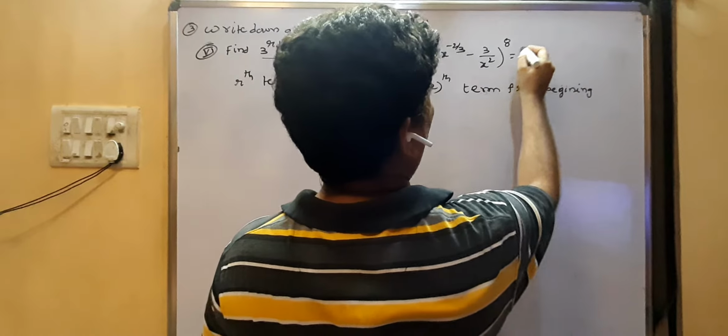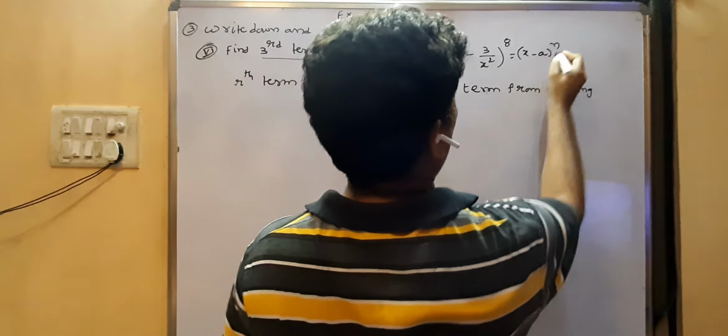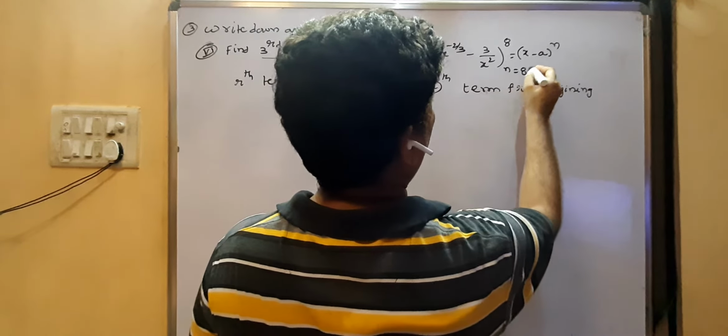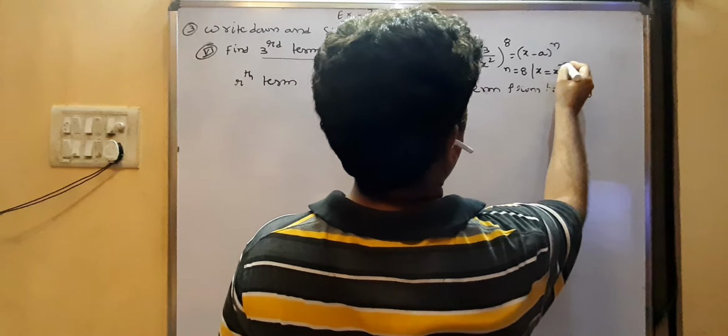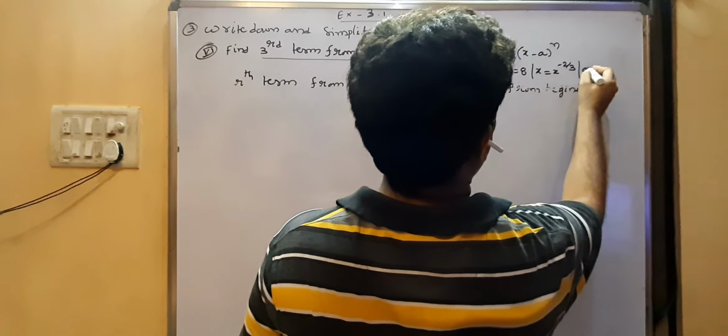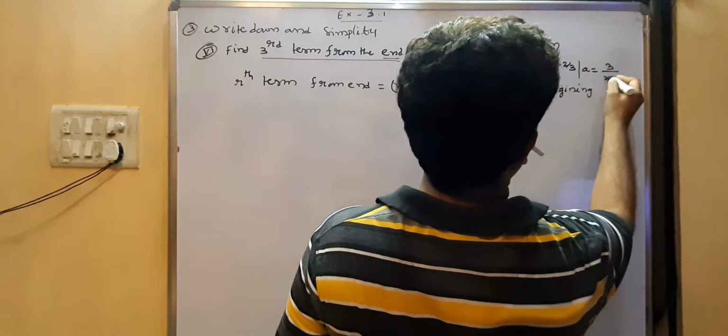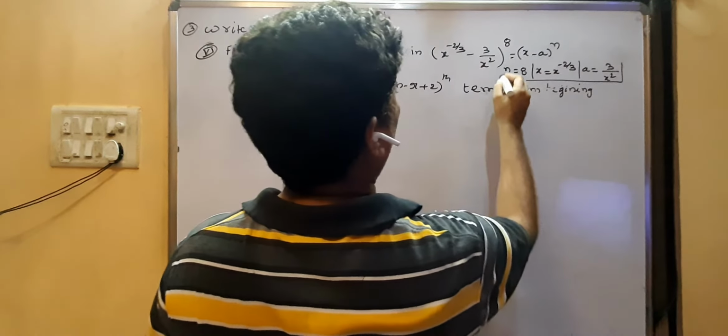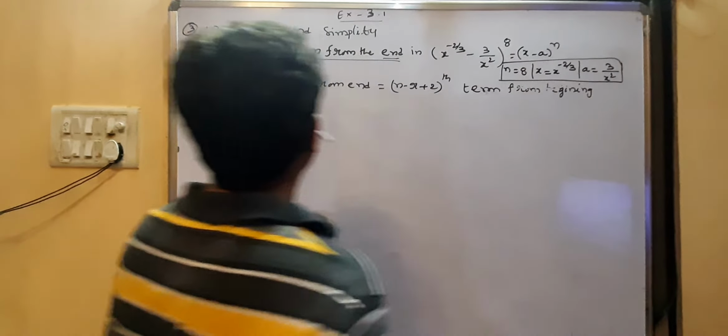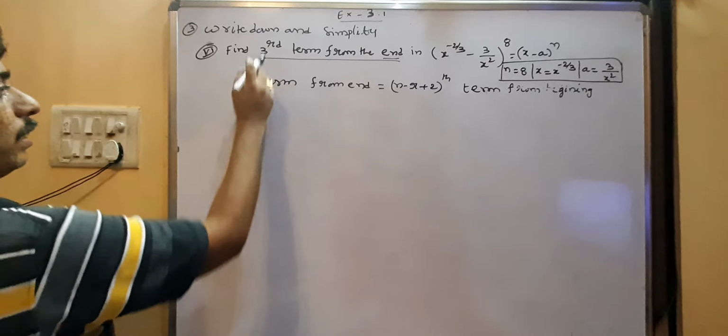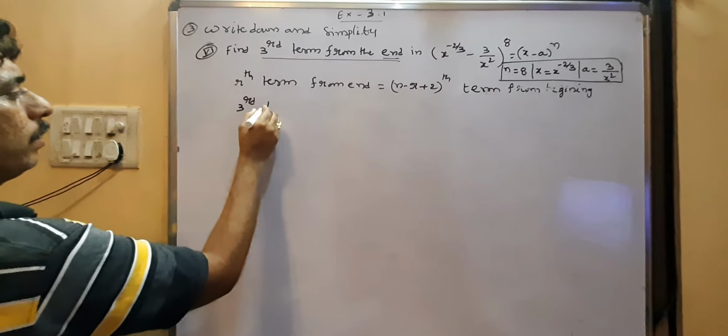Now n is what is given. It is in the form of (x minus a) whole power n. N equal to 8, x is x power minus 2 by 3, a is 3 by x square. So n is given as 8. Third term, r is 3, third term from the end.